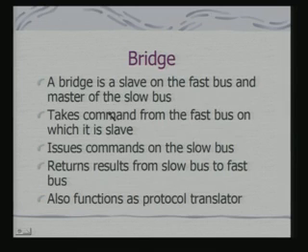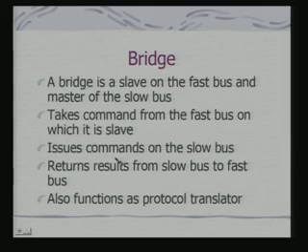So, the bridge will take commands from the first bus which has got the CPU, and it will become master in the slower bus for carrying out the transactions, read and write transactions with the slower devices. So, it will issue commands on the slow bus. So, effectively it can become a master on the slow bus.